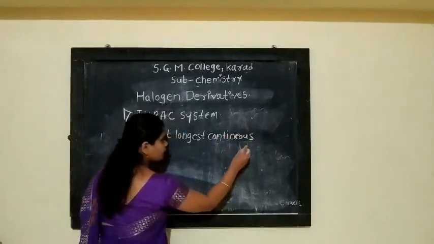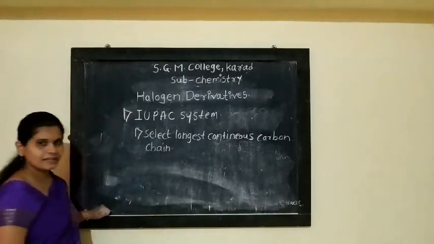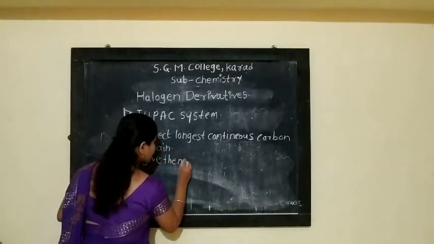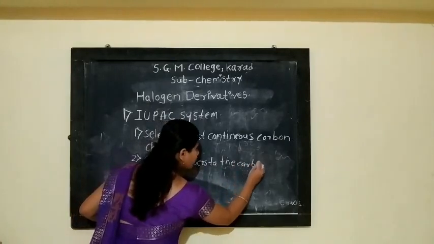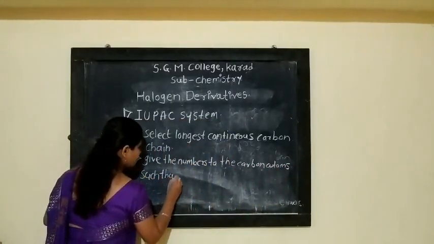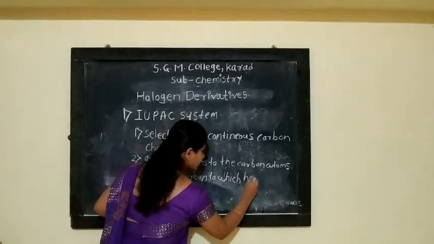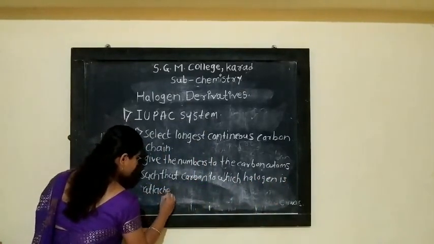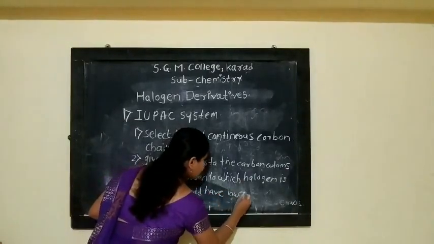The second rule is to give the numbers to the carbon atoms such that the carbon to which the halogen is attached should have the lowest number.